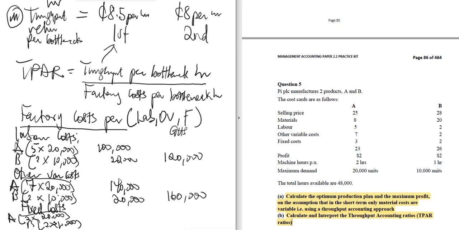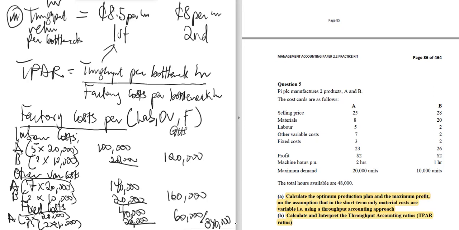So this gives us 40,000, and this 20,000, giving us 60,000. So our total factory cost, by summing all this up, is 120 plus 160 plus 60. That means we get 340,000 as our total factory cost.